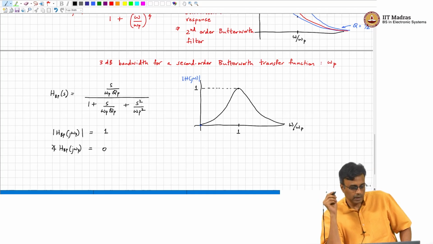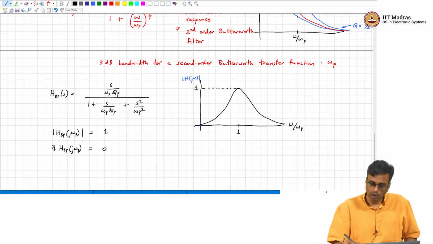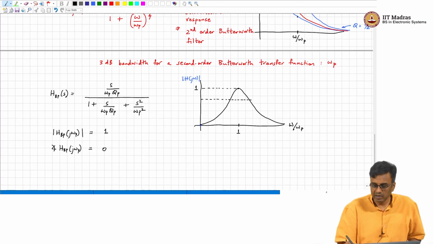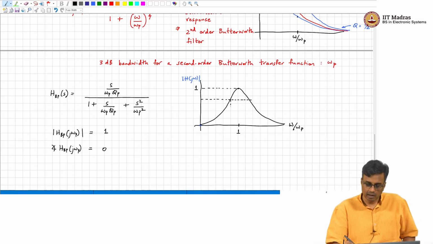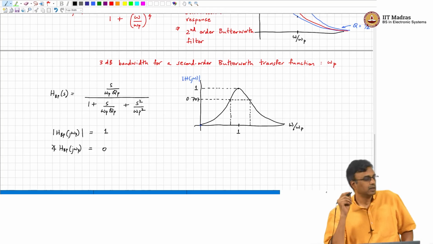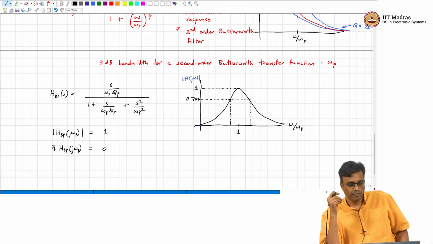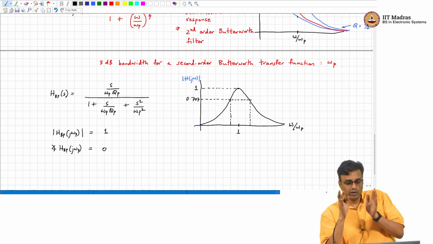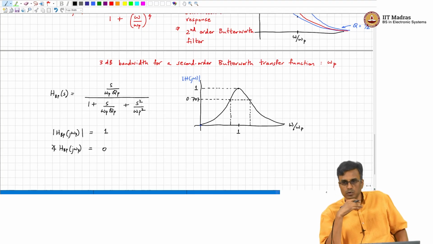Now if you want to find the bandwidth of the band pass filter, what is the bandwidth? The 3 dB bandwidth is defined as the width of frequency over which the magnitude drops to 1 by root 2 times the peak value.